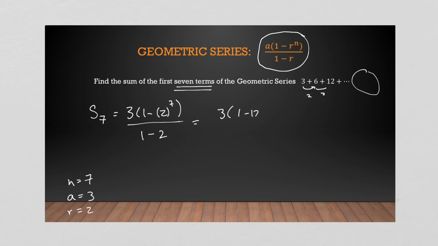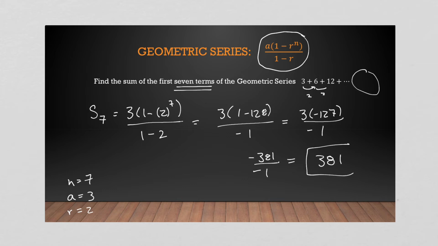So 1 minus 128 over negative 1, which gives us 3 times negative 127 over negative 1, which gives us negative 381 over negative 1, which then gives us the sum 381. So again, nothing overly mind-blowing here, just more practice with the equation.